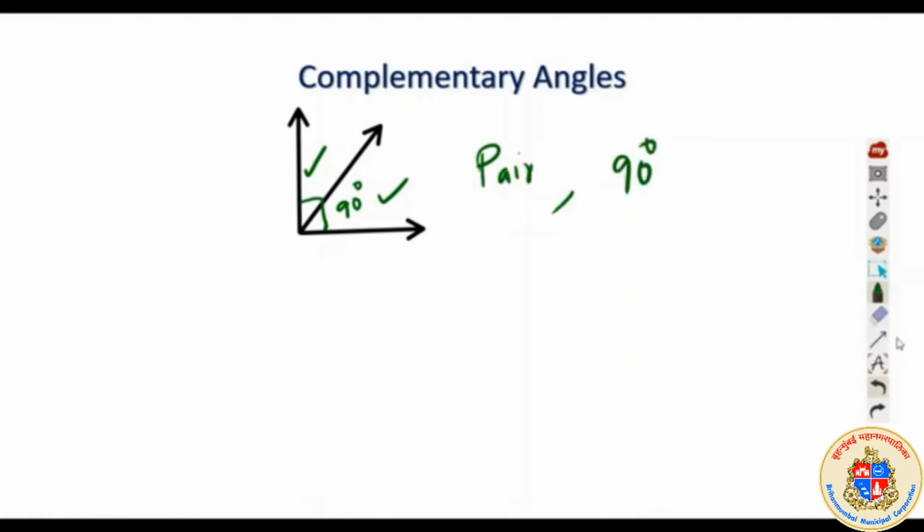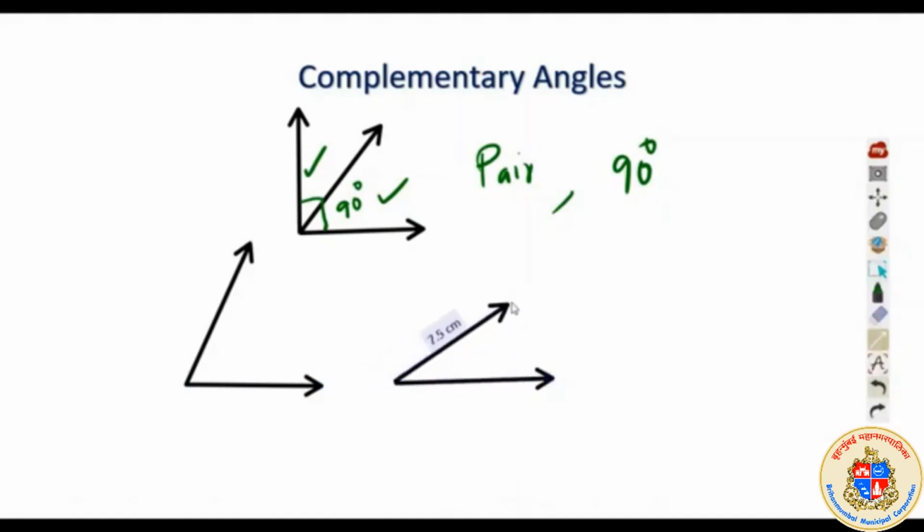We also understood that if these angles are separate, it can be like this also. One angle here, suppose this is roughly about 60 degree, another angle roughly about 30 degree.